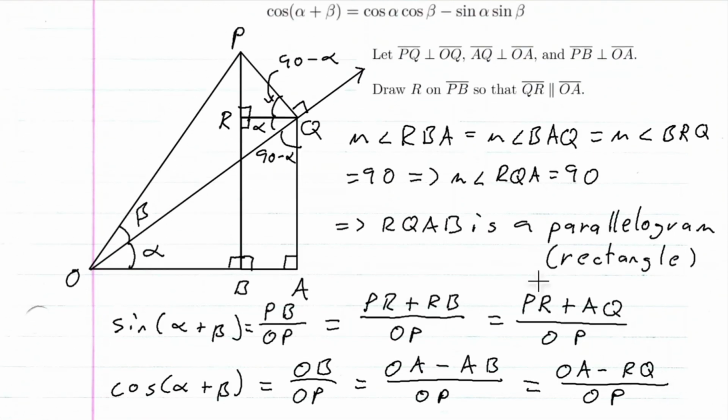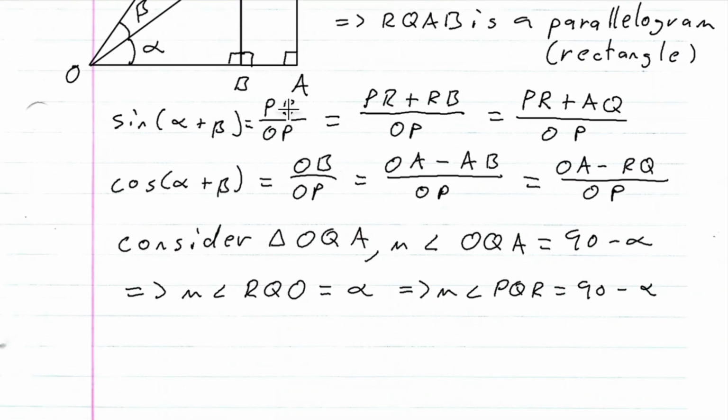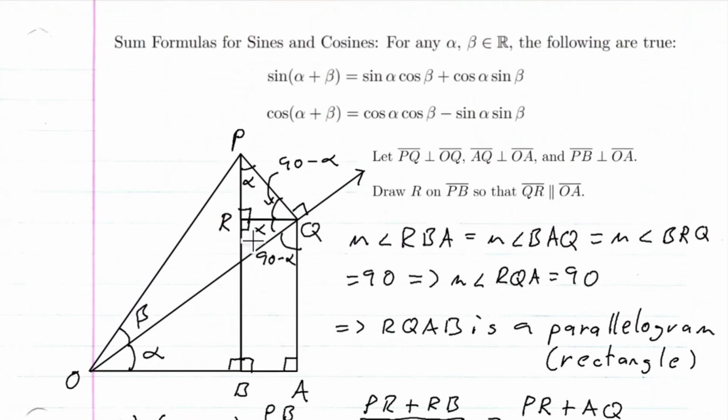And if this is 90 minus alpha, this angle here must be alpha, because alpha plus 90 minus alpha gives 90, which is required for the sum of these two. So that implies that the measure of angle RPQ is equal to alpha.